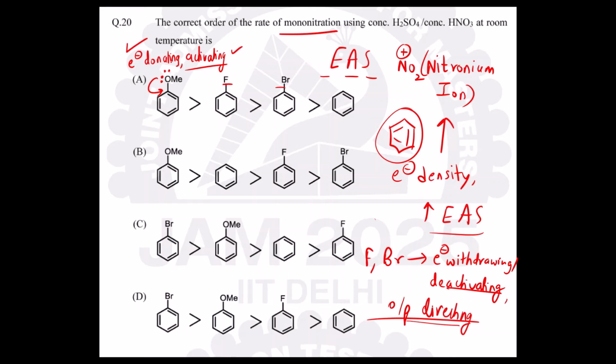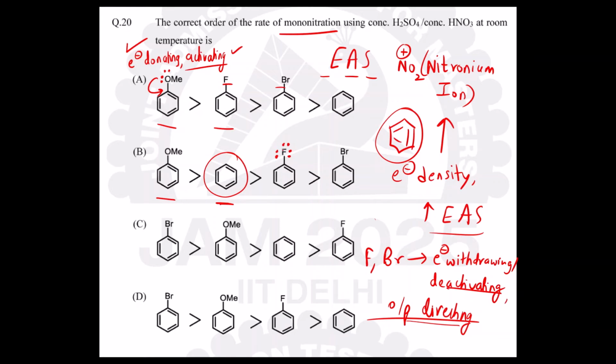So the halogens will be lowest. Benzene will come in the middle. So among the options, the anisole is more reactive, and then benzene will come. Between fluoro and bromo, which one will be more reactive? The size of fluorine is very small, so there will be repulsion between the lone pairs.